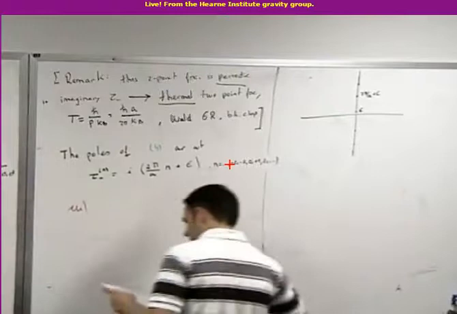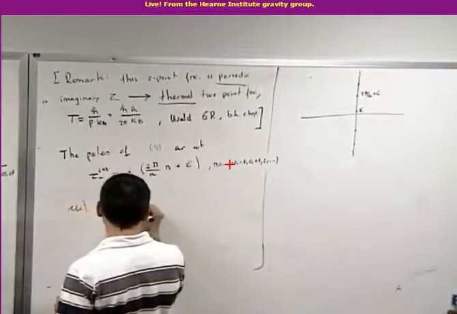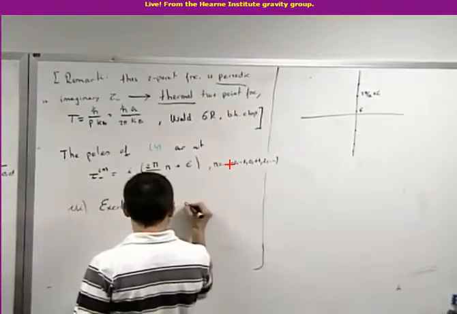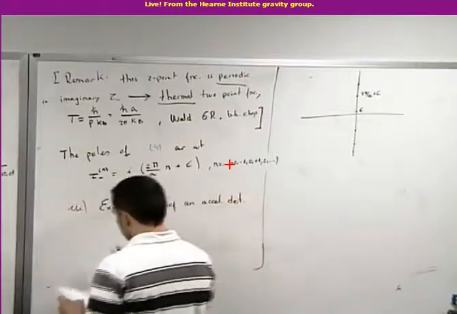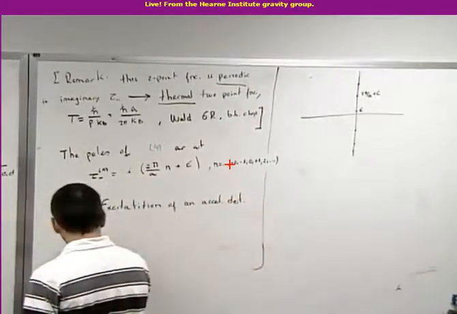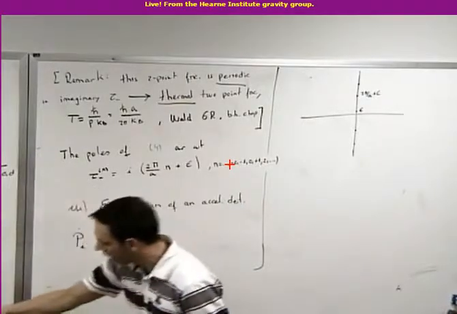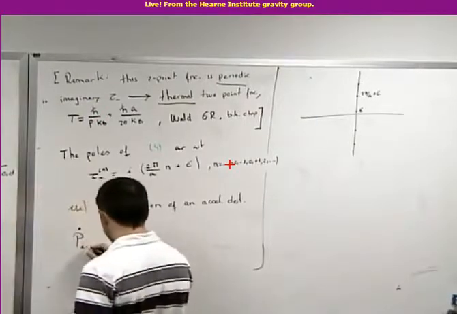So I want to compute the excitation probability rate of an accelerated detector. The maths are the same as before. The two-point function only depends on the difference of tau, so I can compute directly the probability per unit time.